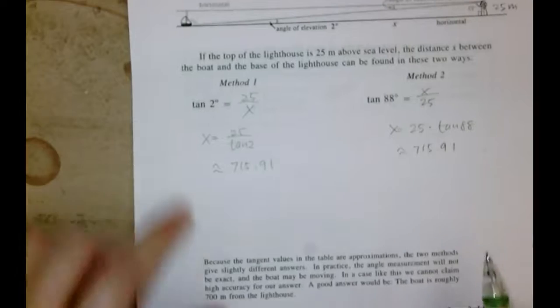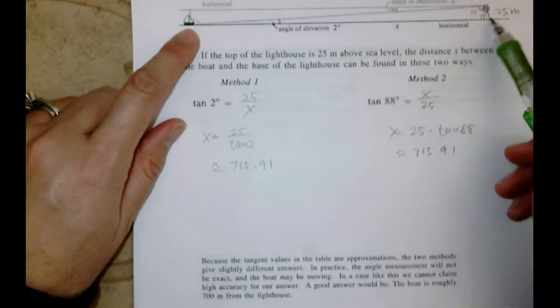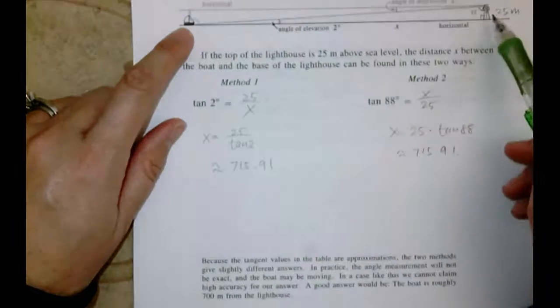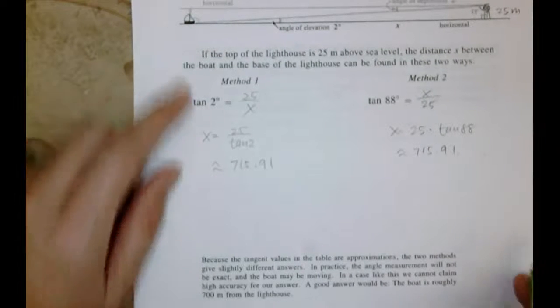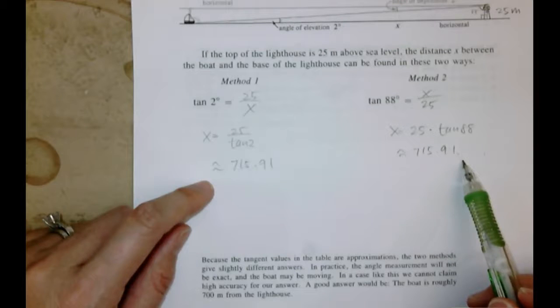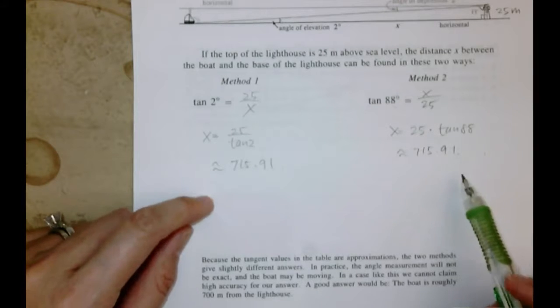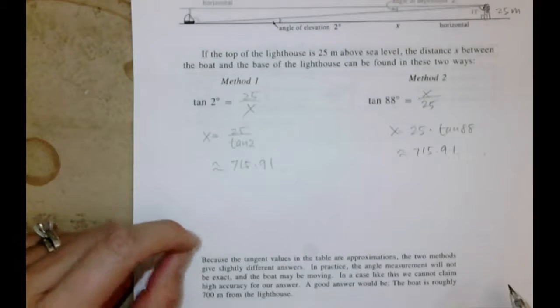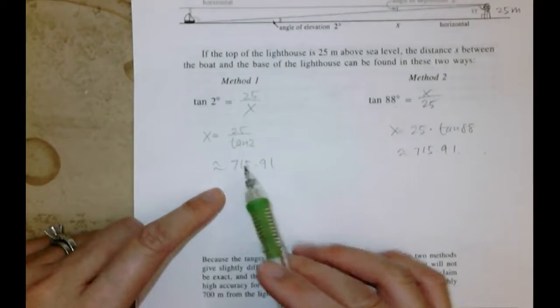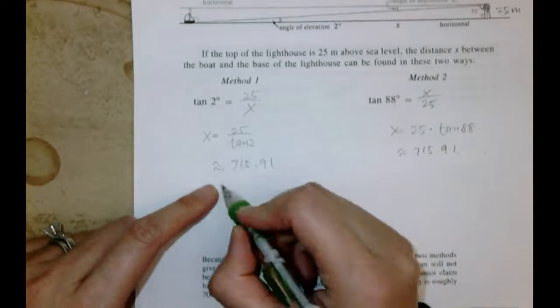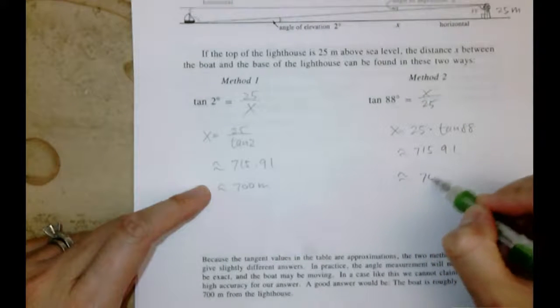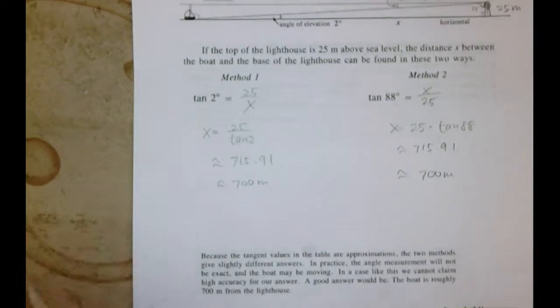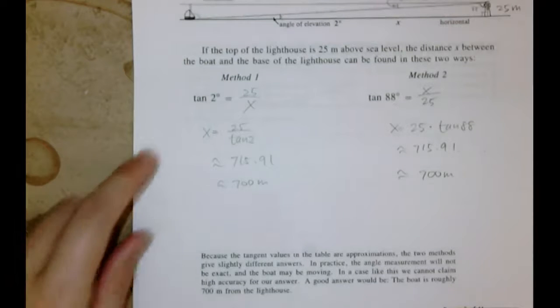Okay, and here at the bottom it says that the distance or this angle is an approximation, and this distance is going to be an approximation. So in this kind of problem, the answer will tell you to round to the nearest 100 meters, something like that. So round to nearest 100 meters, in this case, 700 meters would be the answer. So you have to follow what the problem asks you.